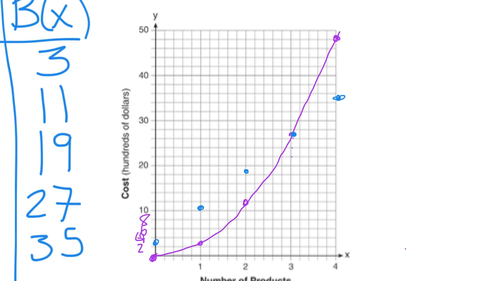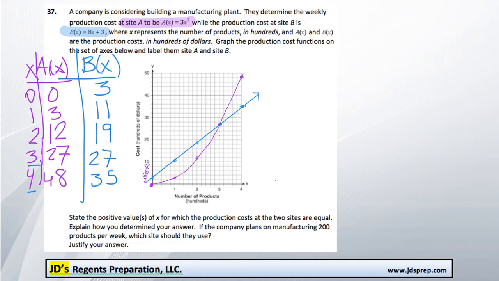And so we can see that this is increasing at a constant rate, so this should be giving us a straight line, just about like that. Great. Okay. So we've now graphed them. Oh, and don't forget, we should be labeling these. So this is B of x, and this is A of x.